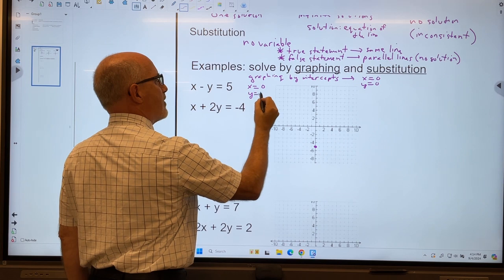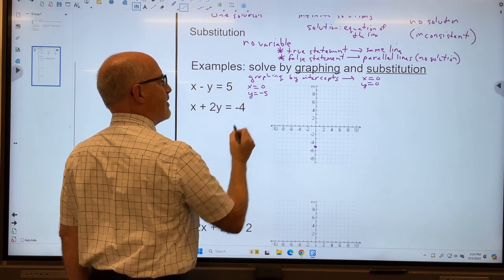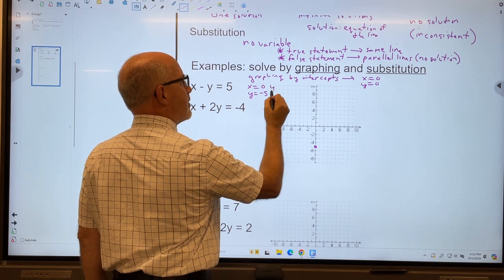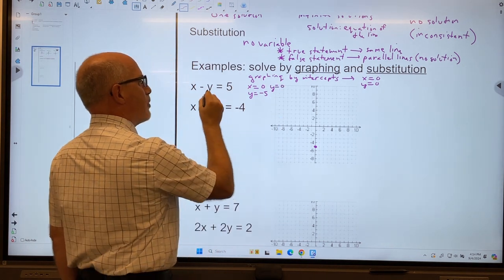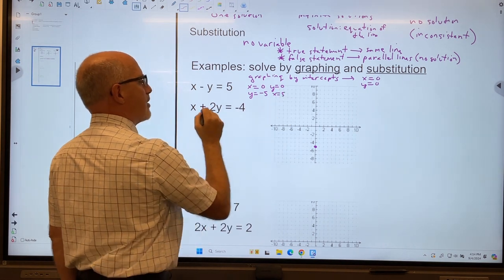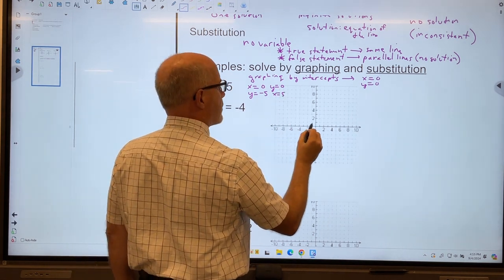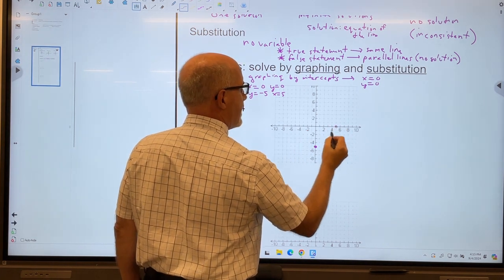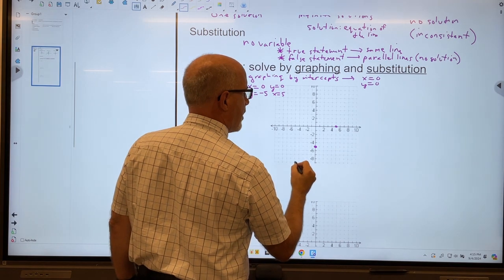Now let's do y equals 0. If you put in y equals 0, you get x equal to 5 for this one. And so here's our line when we draw it.